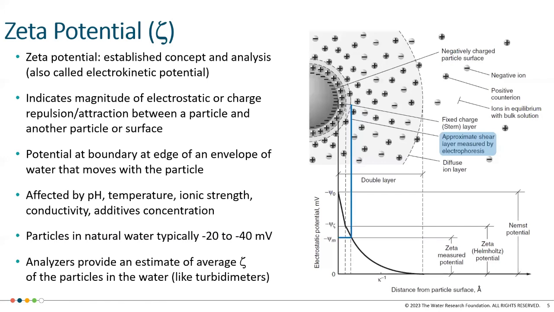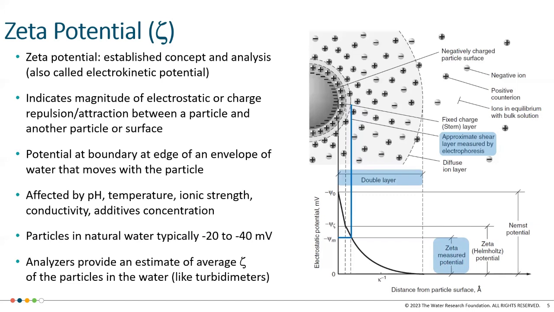So we've got that approximation there at the plane of shear, and this potential is the zeta potential, as we see here. This figure also emphasizes that the shear plane is within the diffuse layer or the ion cloud around the particle, as we discussed previously. It's really quite clear in this image.